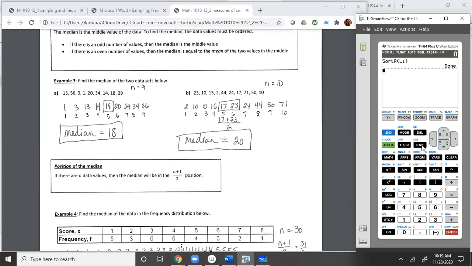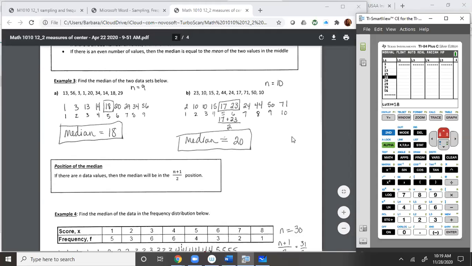So I'm going to go back to the list, press Stat, Enter, and now you can see all the data is in order. So we have a total of 9 numbers, and the middle one is the fifth number, which is 18. So that's really a nice way to order the numbers in a list.